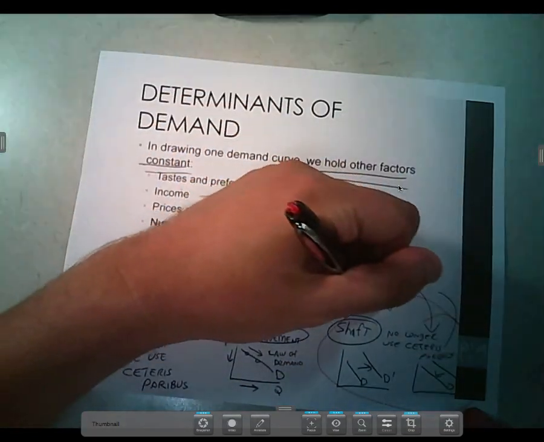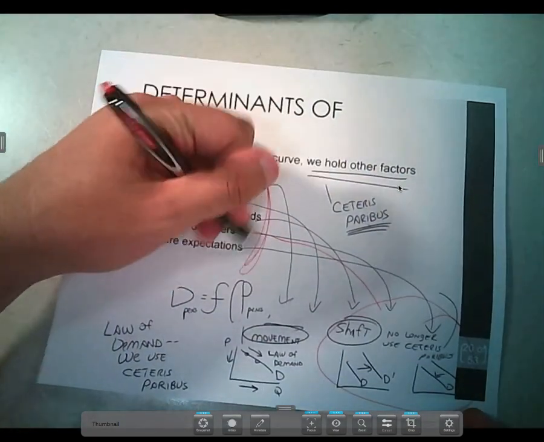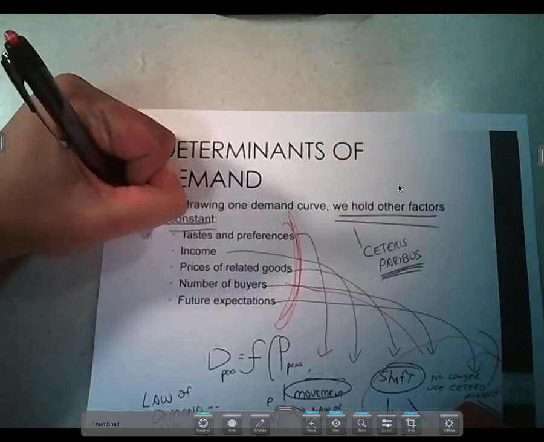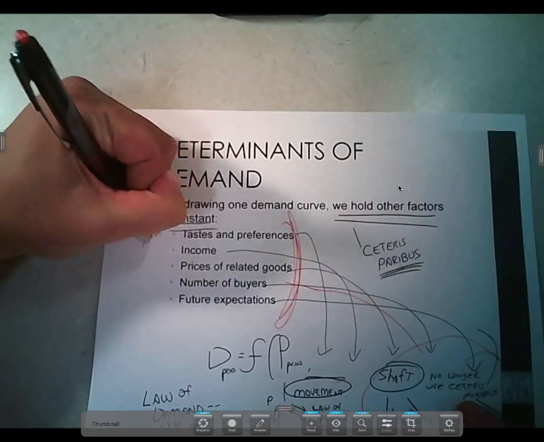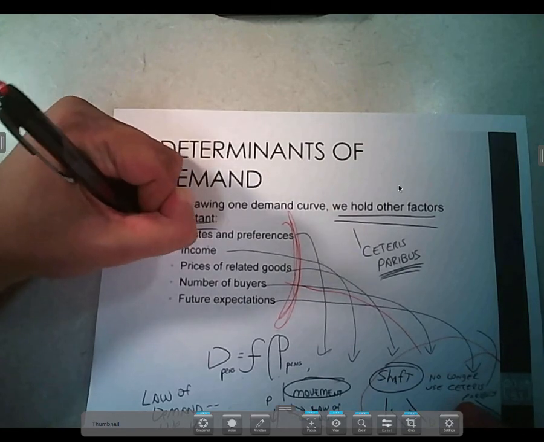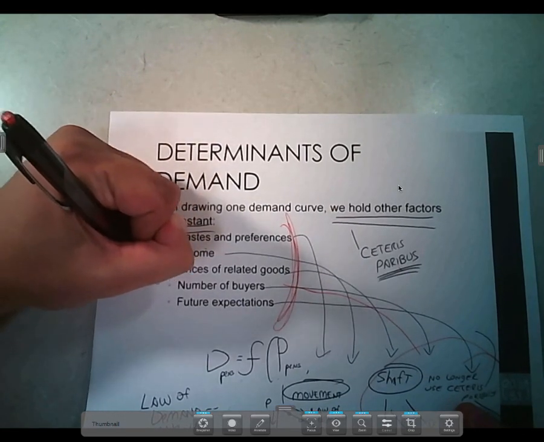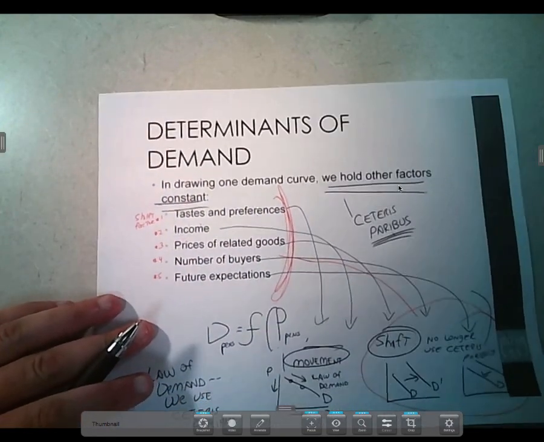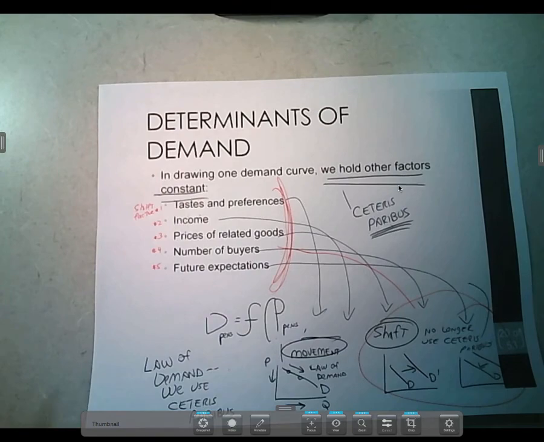Again, shifts being caused by any of these things. This is shift factor number 1, then number 2, number 3, number 4, number 5. So let's talk about shift factor number 1.